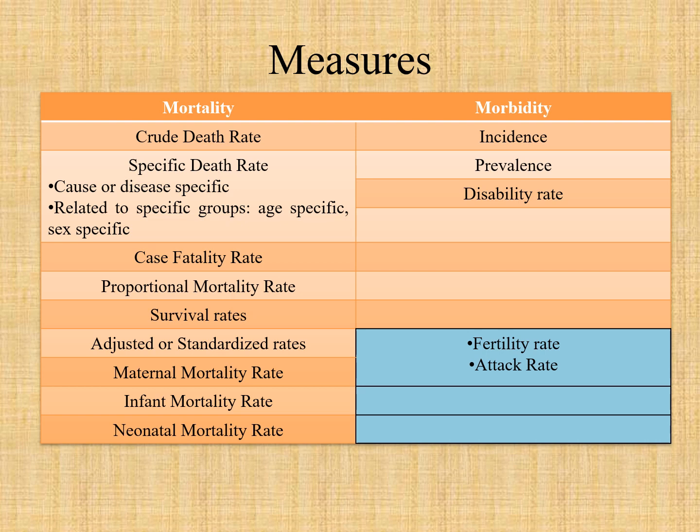Morbidity indicators commonly are incidence and prevalence rate, also the disability rate. Apart from that, we also have other health indicators like fertility rate and attack rate.